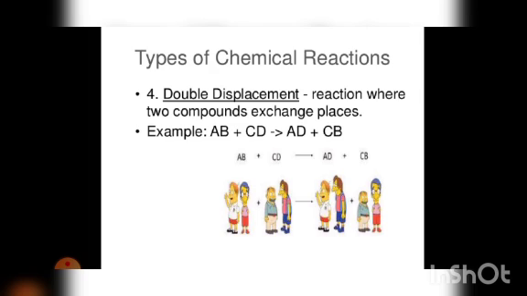What happens here is there will be exchange of ions, as AB is one group and CD is one group. Both are going to be split, and A combines with D and B combines with C, forming new compounds AD and CB. So that is what is double displacement.